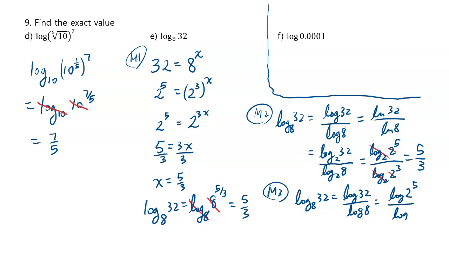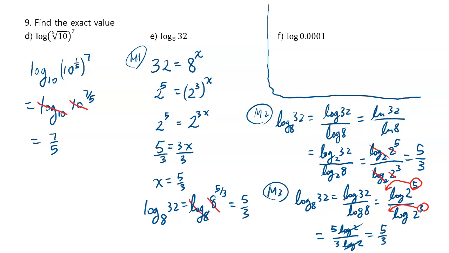And log of 8 is log of 2 to the 3rd power. And then we have this wonderful formula called jumping the frog over the log, right? So you can jump this number over the log and make it go front. Make it jump over the log. And the result is that you end up with 5 times log of 2 over 3 times log of 2. Log of 2 cancels, and you end up with 5 over 3. So that's yet another way to solve it.